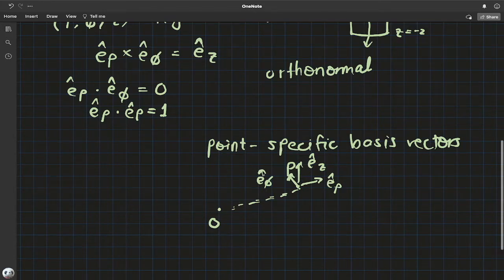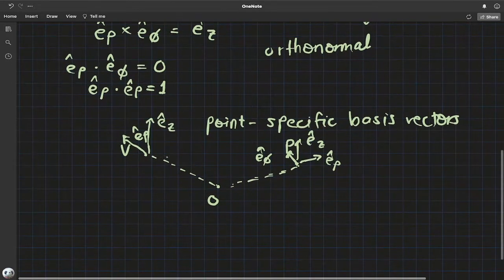If you had another point, say V over here, then your e rho hat would be just radially outwards. So this is e rho hat, for example. Ez hat is again as before. One thing you can rely on is the invariance of ez hat, because it's just the same as the Cartesian ez hat.